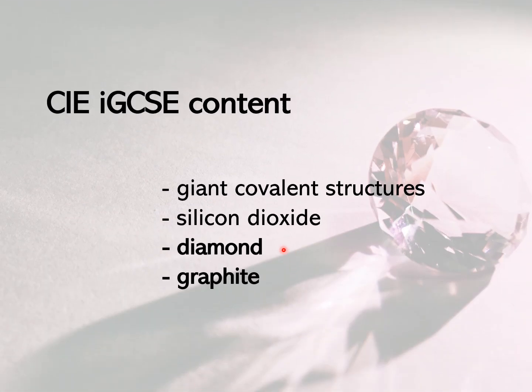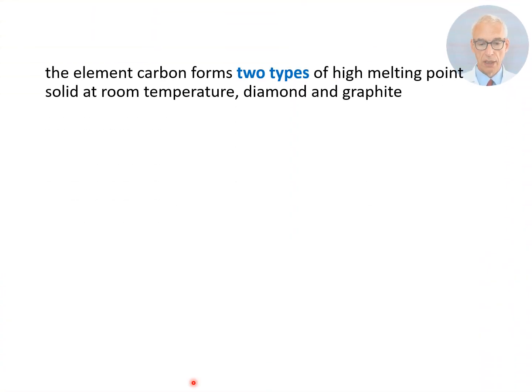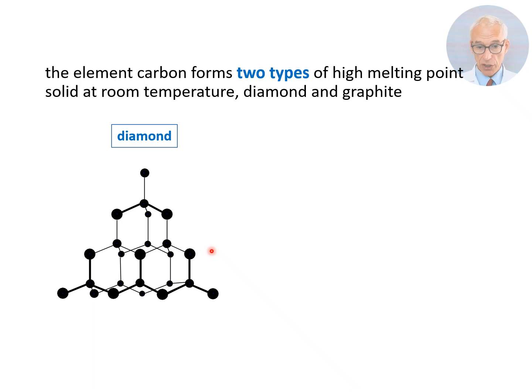Moving on to 2 forms of carbon which we need to compare, diamond and graphite. Carbon forms 2 types of high melting point solid at room temperature, diamond and graphite. You are expected to recognize this structure as being diamond. We've got a central carbon with 4 carbons covalently bonded to it, 2 coming forward, 1 above and 1 going back into the picture.